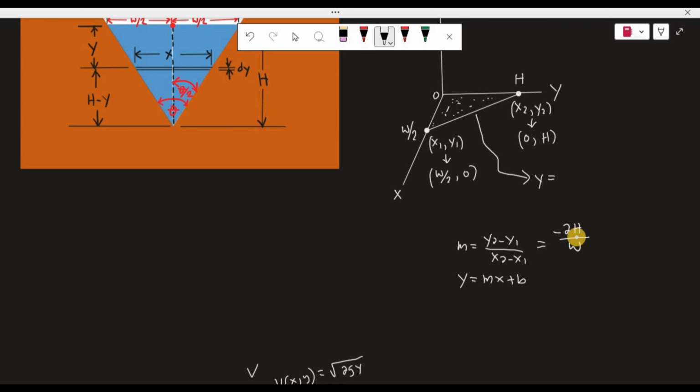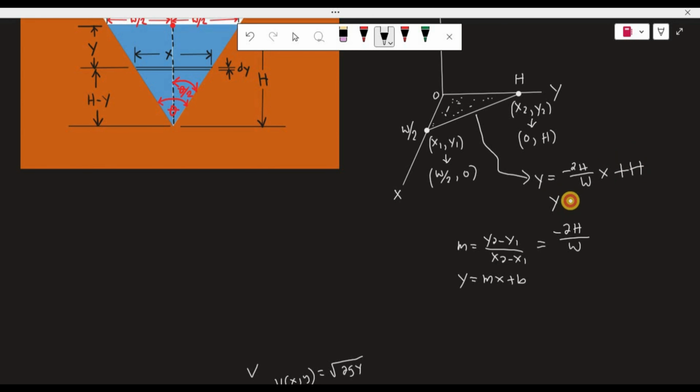The equation of a line is y equals mx plus b, where b, the y-intercept, is h. Substituting these values, we find y equals negative 2h over w x plus h.